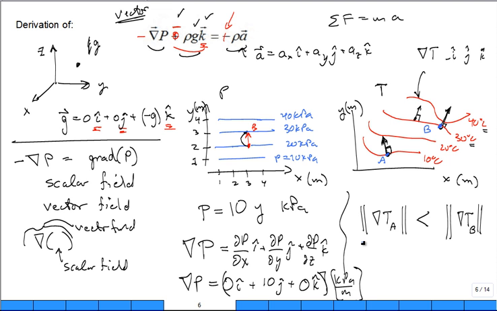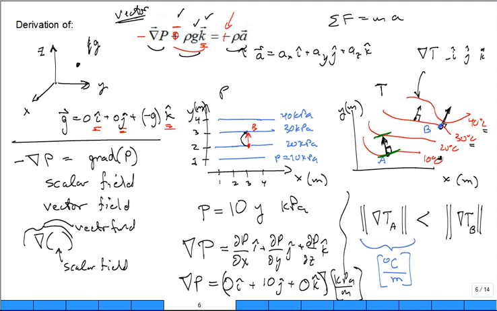What are the units of this entity? So really it's the rate of change of temperature if I move in that direction. If I look at it, I know that I have an isotherm at A, it's 10 degrees. I know the gradient's changing as I move, but if I just extrapolate it all the way to the next one, 10 degrees C, I would have to move how far? A greater distance.